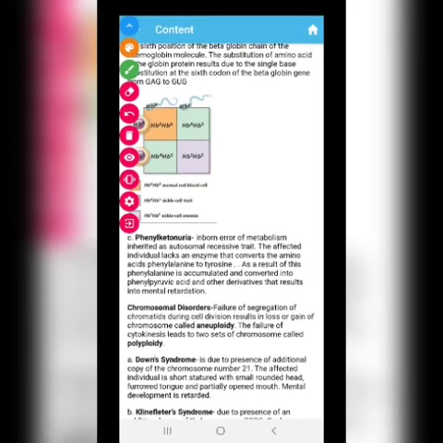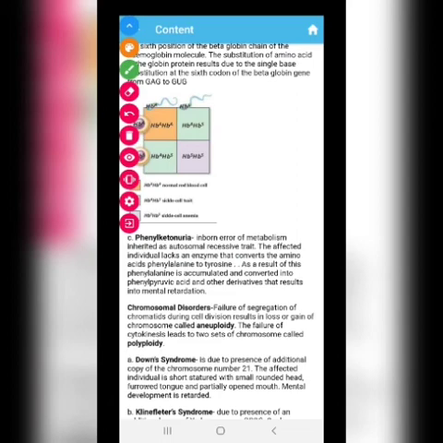Because of the lack of enzyme, the phenylalanine was not converted into tyrosine, so the amount of phenylalanine increases in the body, and because of accumulation it is converted into phenylpyruvic acid and ultimately other derivatives of phenylalanine also, and that results in mental retardation in that particular child. So this is phenylketonuria.